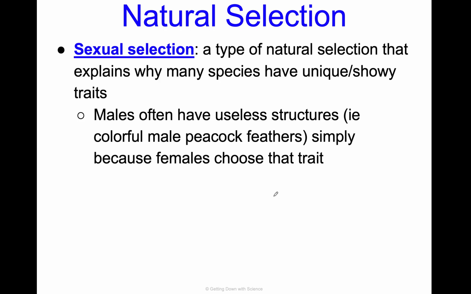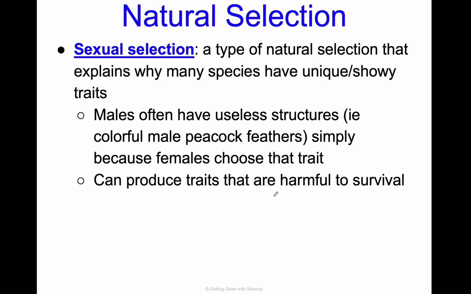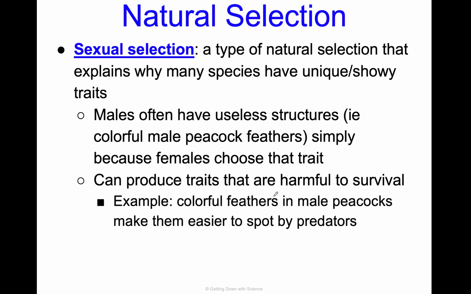Often males have these useless structures, like the colorful male peacock feathers, and the only reason they have them is because females choose that trait. So sexual selection and passing those genes on is another type of natural selection. This can actually produce traits that are harmful to survival. Colorful feathers in male peacocks make them easier for predators to spot, so it's sort of biological risk assessment, I guess.